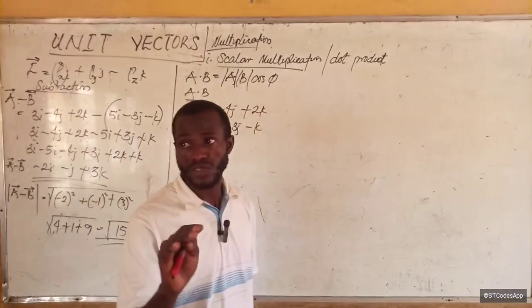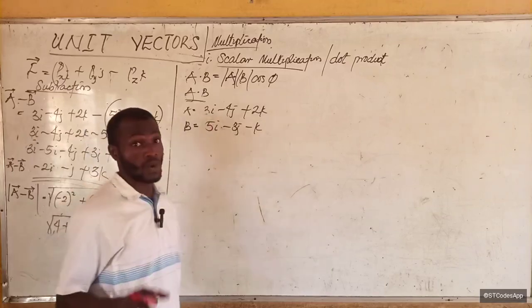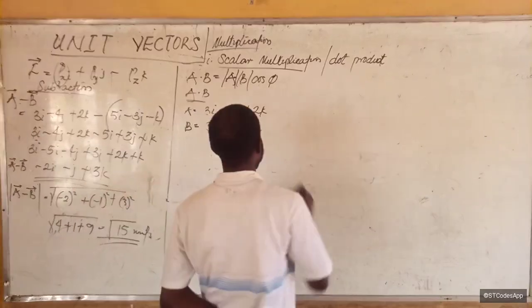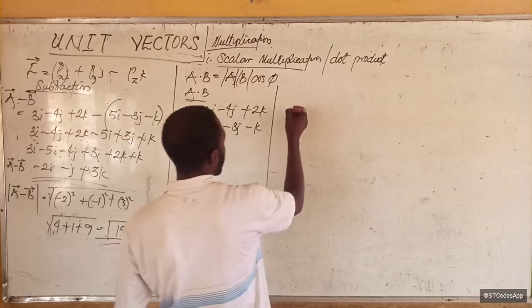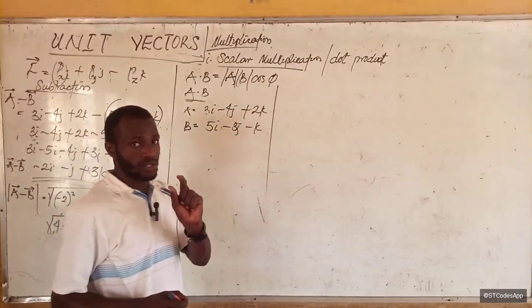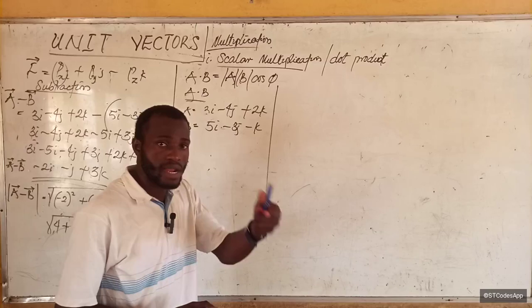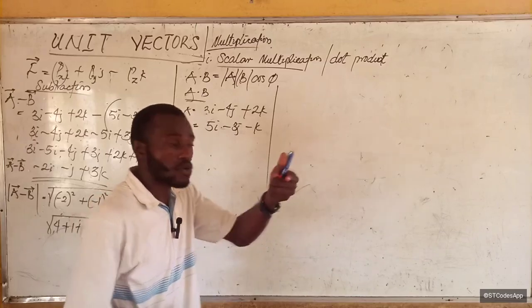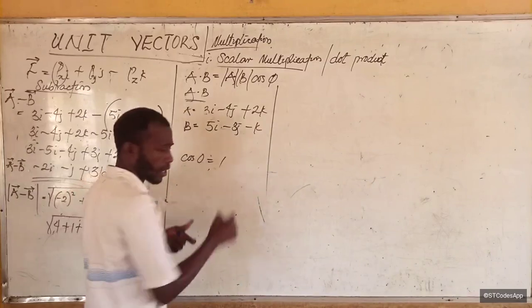But it will be a waste of time because i dot j gives 0, and I'll tell you why. You see, i dot i gives 1 because they are in the same direction. i and i represent the x direction, right? Because they are in the same direction, the angle between them is 0, and cosine of 0 is 1.